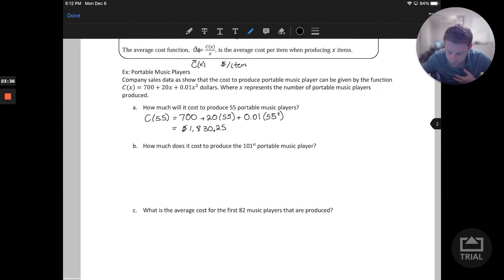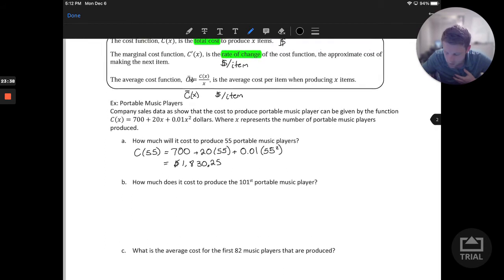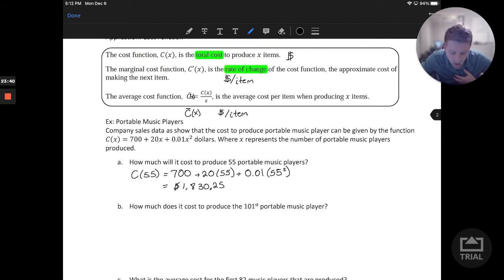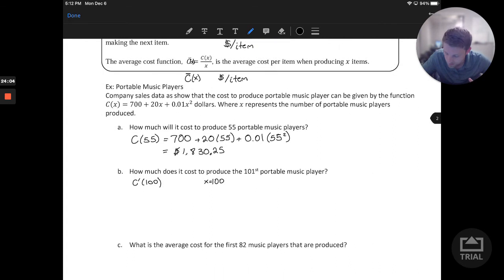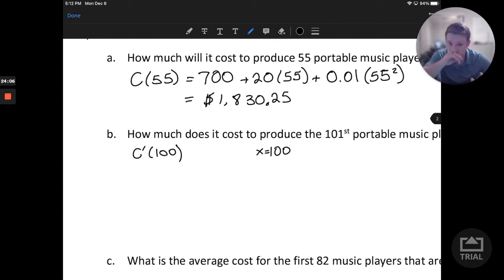So if we think about the marginal cost, the secondary explanation is the approximate cost to make the next item. So if 101 is the next item, we've produced 100 items so far. And so we'd like to consider again the marginal cost, C prime at 100. That's really what we're shooting for on part B. So first we'd like to get C prime of x, and then we'll evaluate at 100.